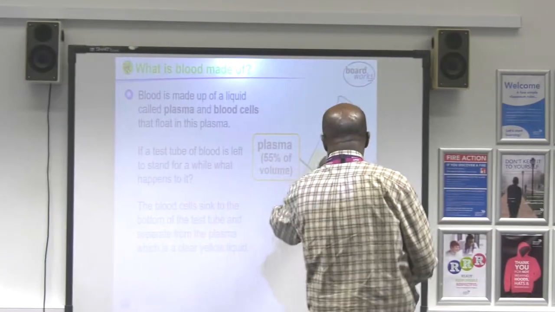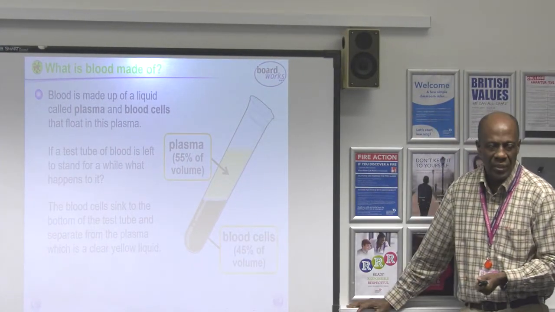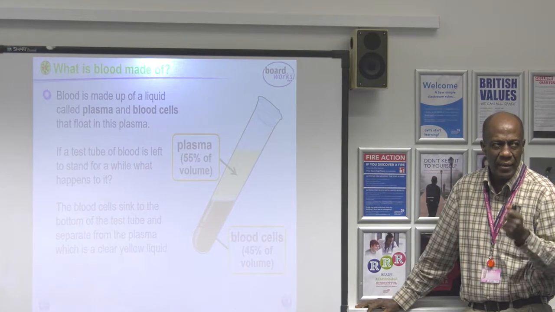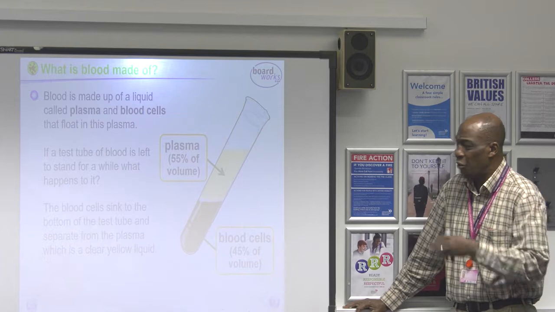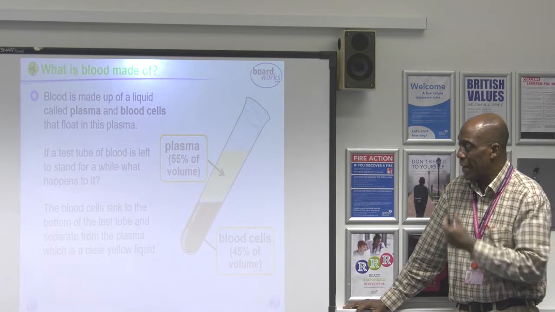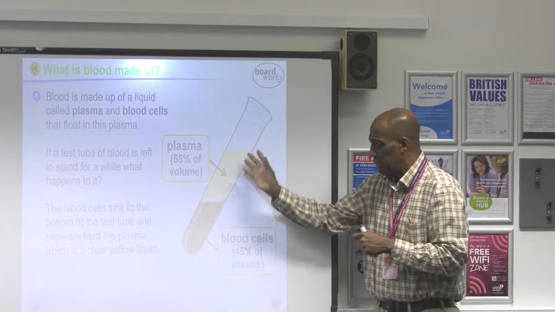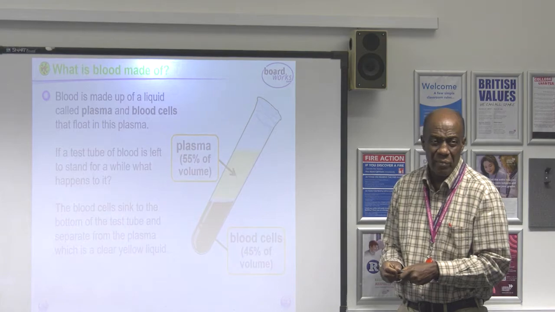It contains about 95% plus of water. So it has a lot of water within it. Apart from the water, it's got protein components in it. It's got other defense mechanisms in it as well to defend the body.